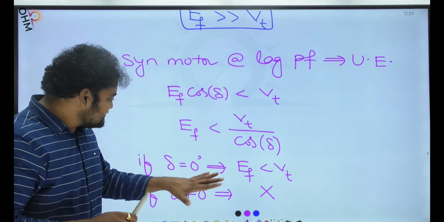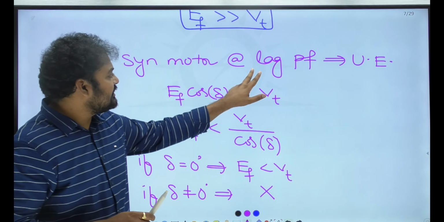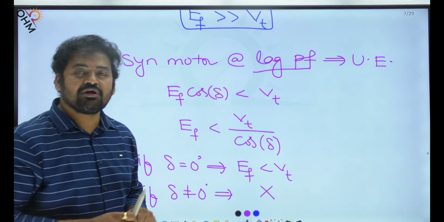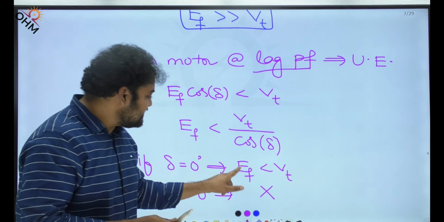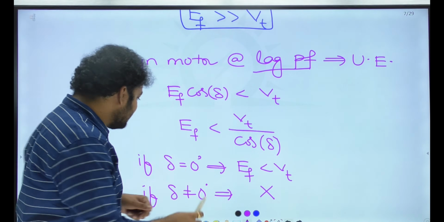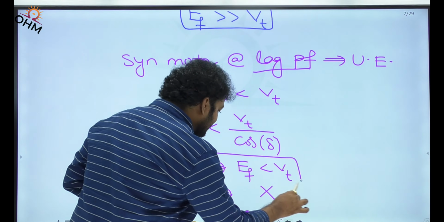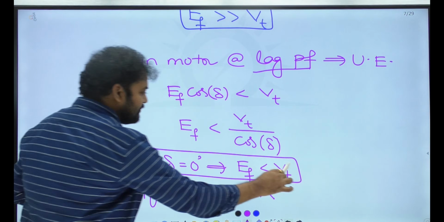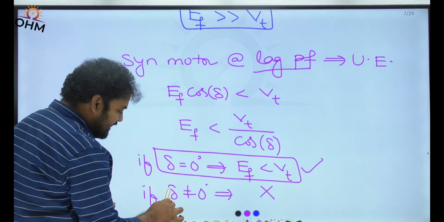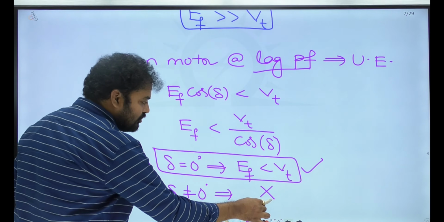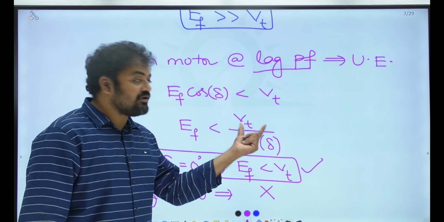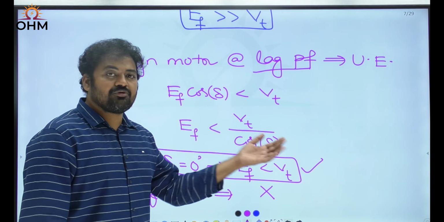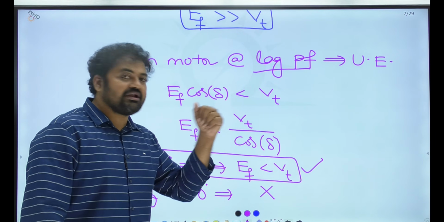So this is when the machine is at lagging power factor. Therefore, you can't always say EF is less than Vt. EF is less than Vt only when delta is equal to 0. This is compulsorily true. But for other values of delta, you can't hold this relation because it may be equal to, less than or greater than Vt. It depends upon the EF value, Vt value and delta value.